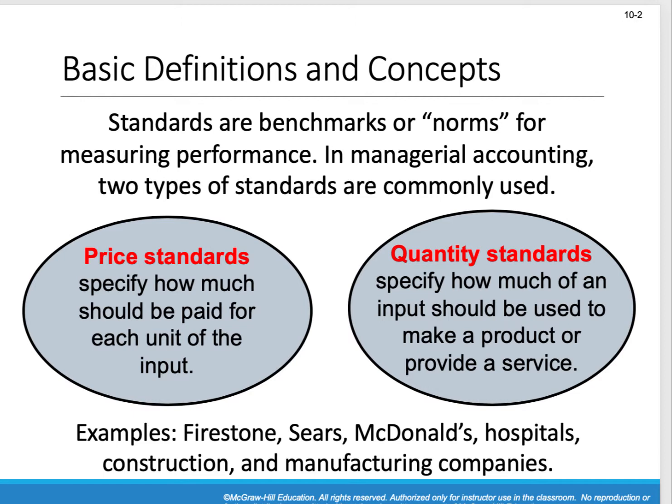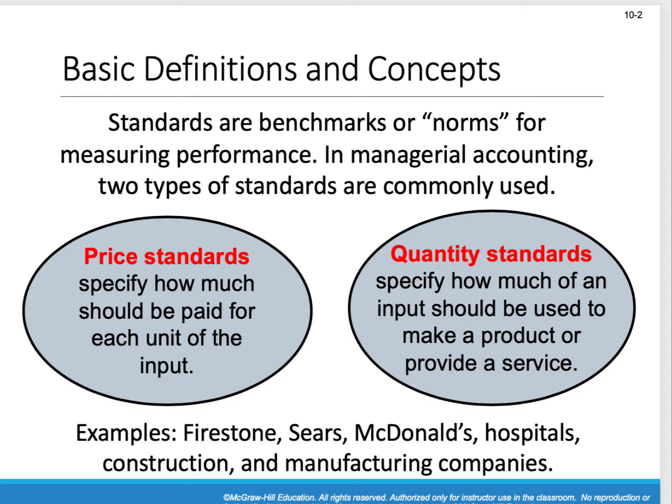So now what we're going to do in Chapter 10 is we're going to calculate what we actually spent, what we actually incurred based on the standards, right? What it should be, right? And the standards are nothing more than benchmarks or the norm for measuring some performance.